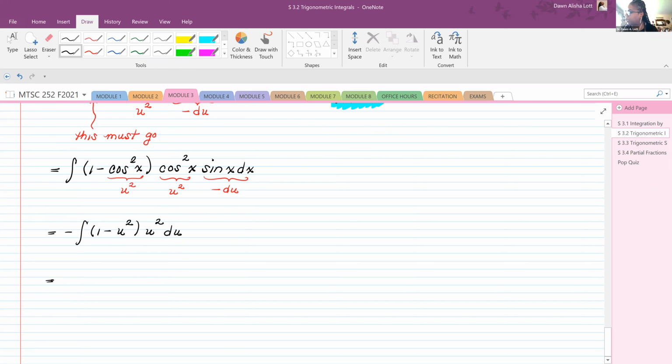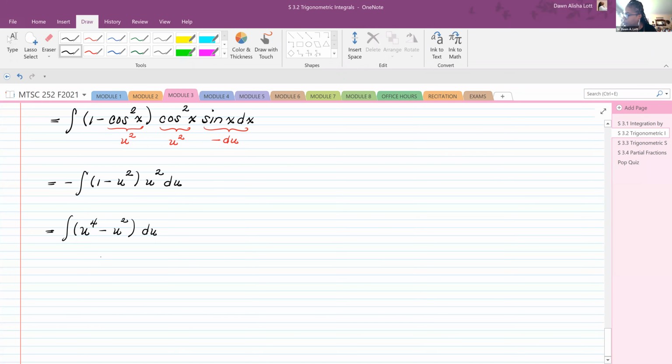Okay, so this is the integral now of u to the fourth minus u squared du. How did I get that? I took the negative, pushed it in, and then multiplied everything by u squared. Okay, I can integrate this. This now becomes 1 over 5 u to the fifth minus 1 over 3 u cubed plus a constant.